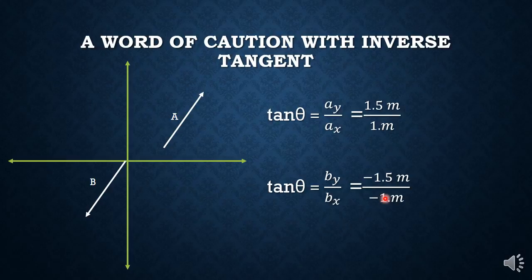If you look at this, you can tell that these values are going to have to be the same. 1.5 meters divided by 1 meter is 1.5, and negative 1.5 meters divided by negative 1 meter is 1.5.